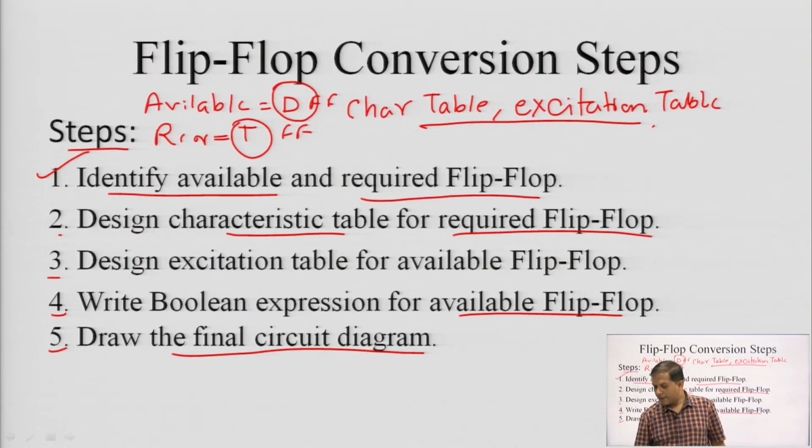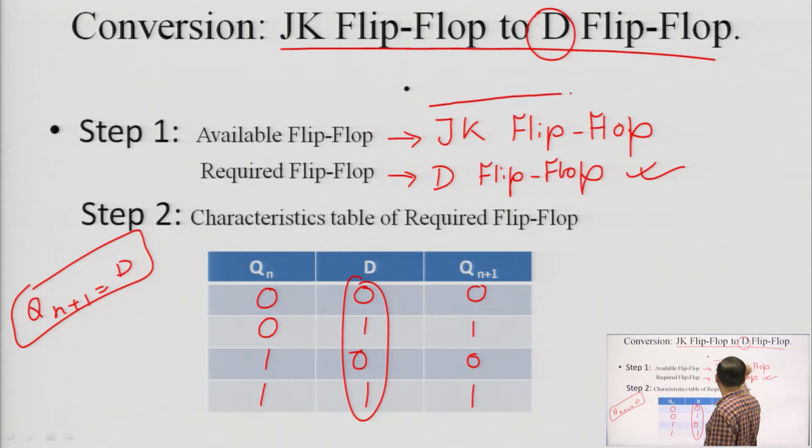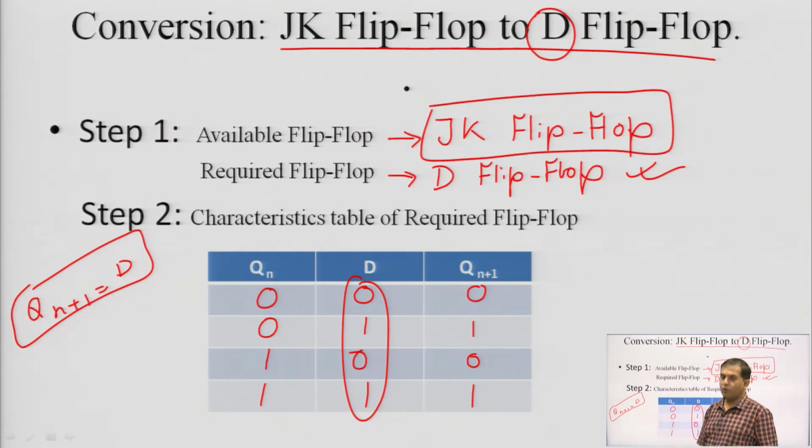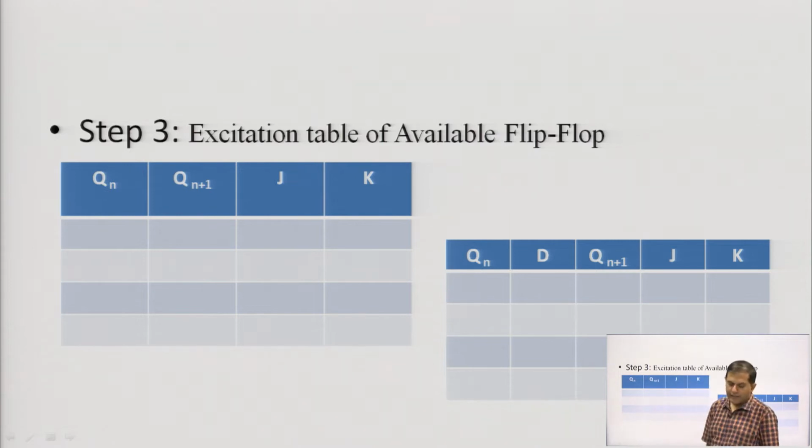You can already check here, design the excitation table for the available flip flop. So, here our available flip flop is the JK flip flop. So, we will now draw the excitation table of the JK flip flop.